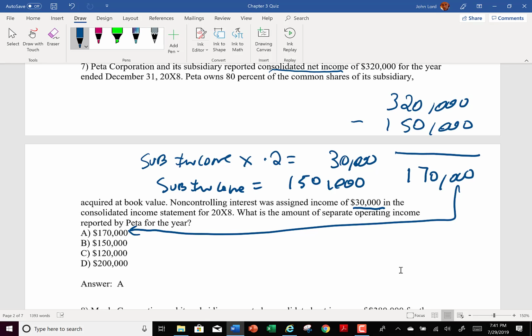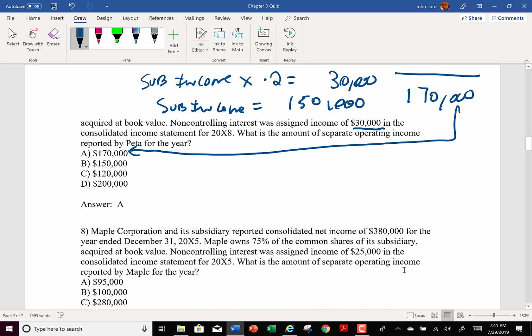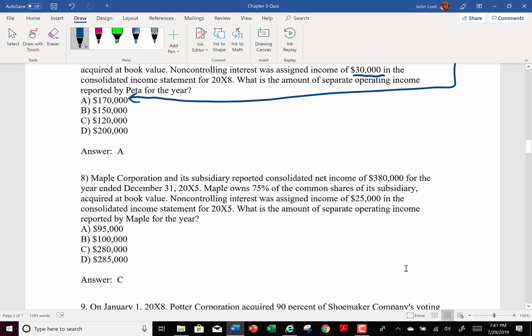But the sub's entire net income is sitting in that consolidated income line item. We got the sub's income in there. All of their sales, all of their expenses, right? Okay, good. I love that question so much.